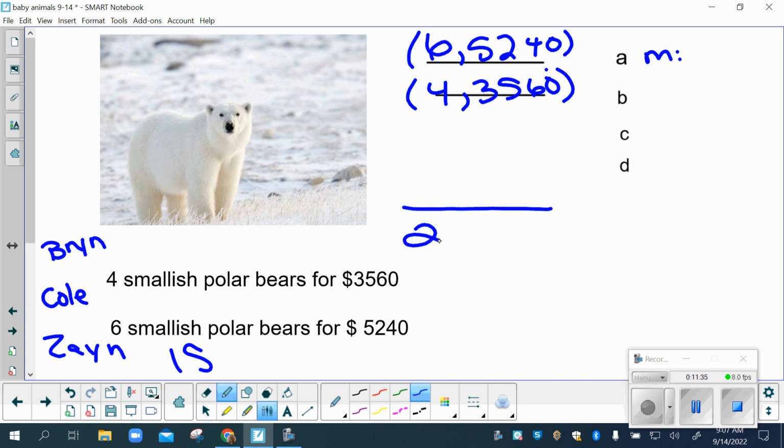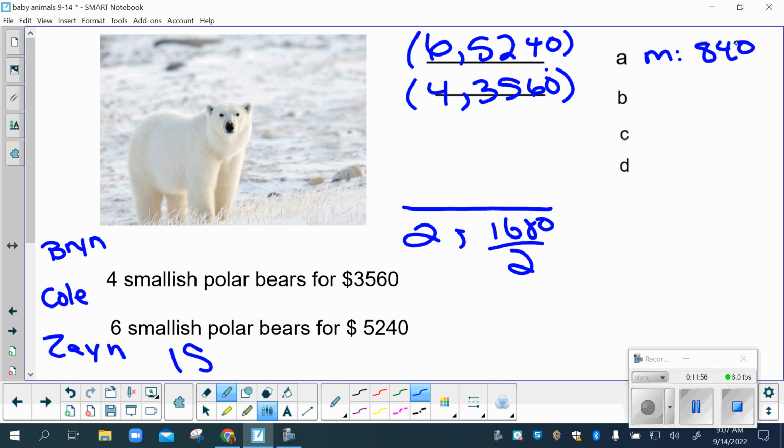I got 52,40 minus 35,60, which is 1680, divided by 2, divided by 2. Did you guys get 840? Did that seem right? 840?